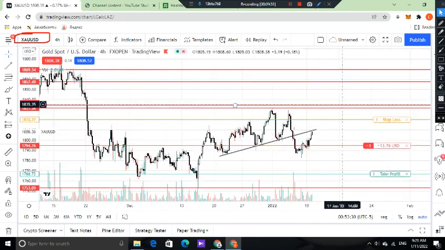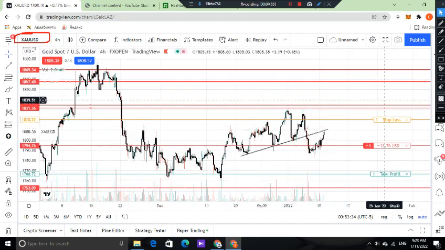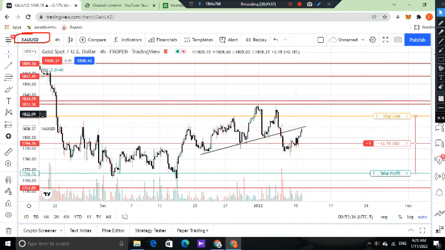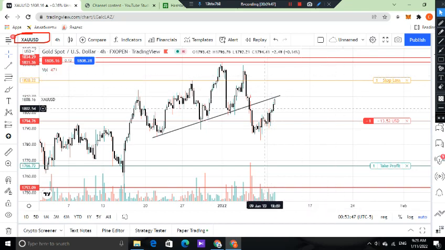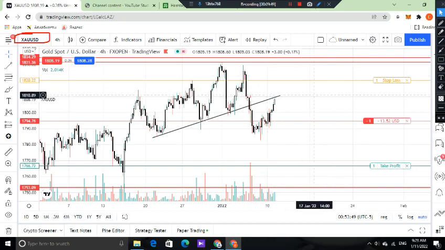So yeah, despite being in loss, I don't want to get out of my position because I have a stop loss and protective stop, and as long as the price hasn't hit the stop loss, I want to be in this.